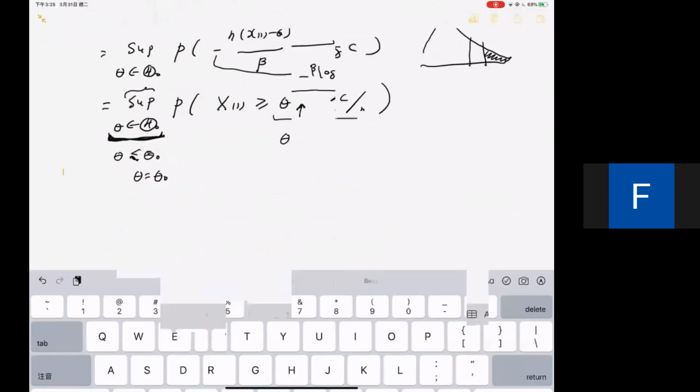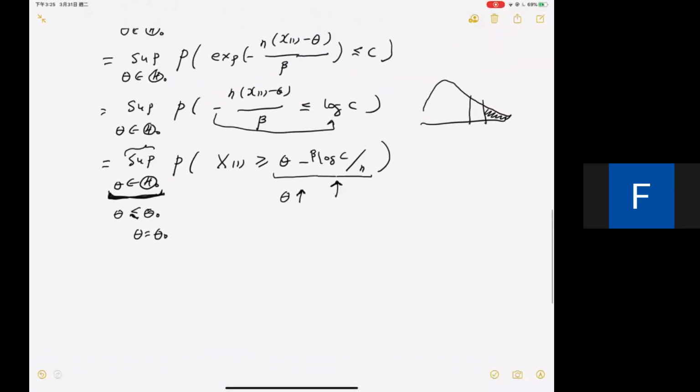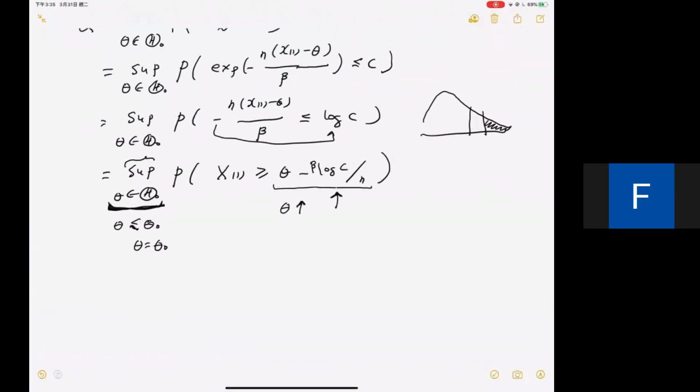Then how come I cannot use that to see the boundary happen in the maximizers? Distribution of x1, if theta gets bigger. Oh, sorry about that.